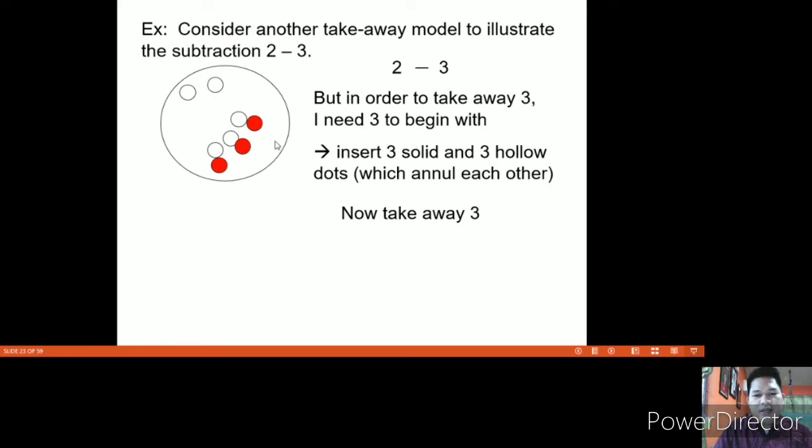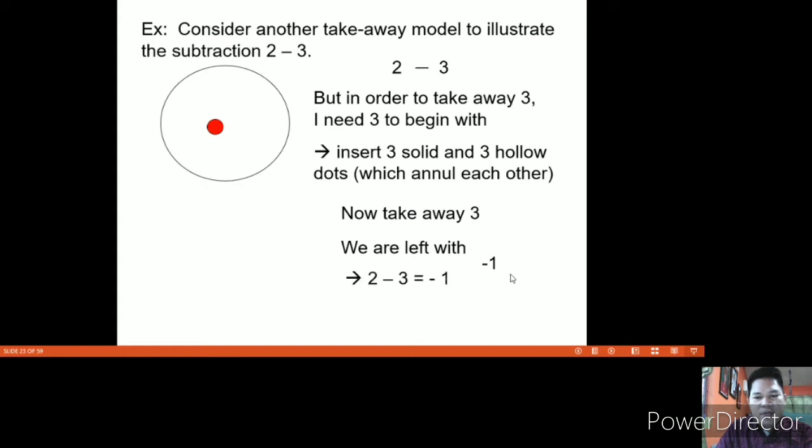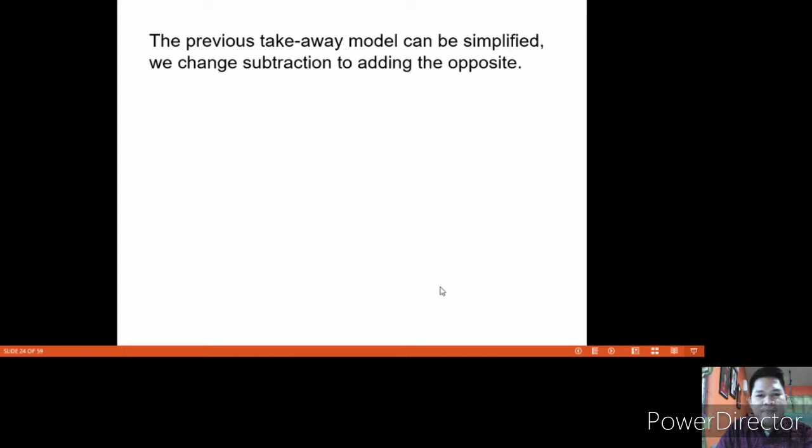So now take away 3 if they are opposite. So 2 minus 3, okay, since negative, it will collapse. So the remaining is 1 solid dot. We are left with negative 1. Therefore, 2 minus 3 is equal to negative 1.